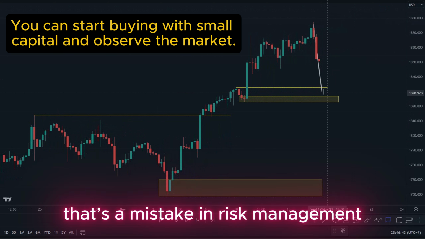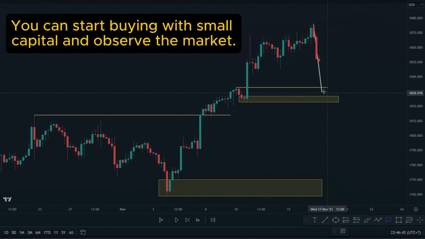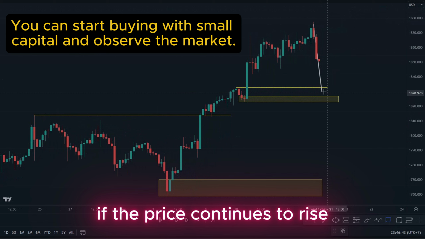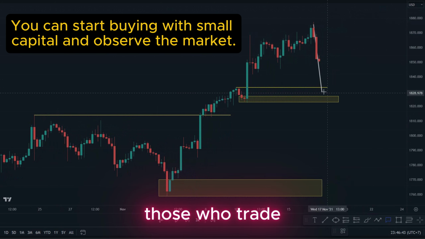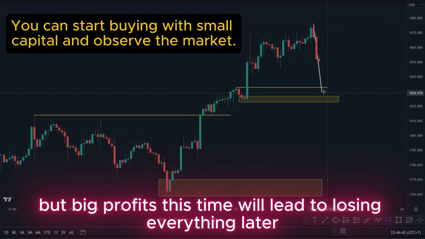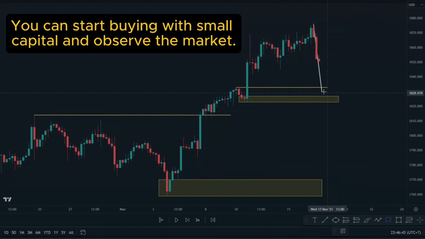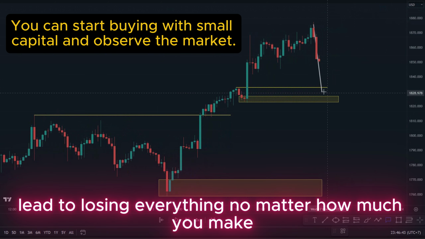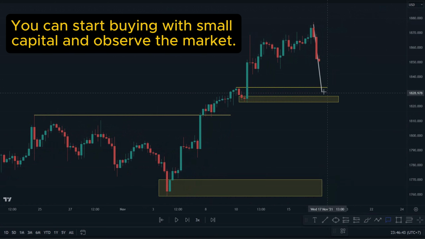That's a mistake in risk management. If the price continues to rise, those who trade by going all in with all their money make huge profits. But big profits this time will lead to losing everything later. Poor risk management will always lead to losing everything no matter how much you make.